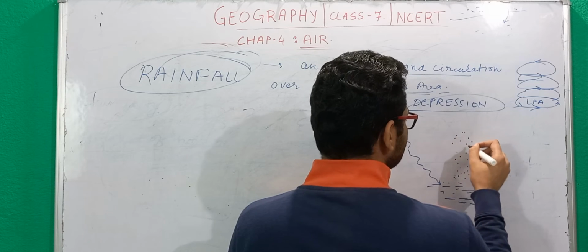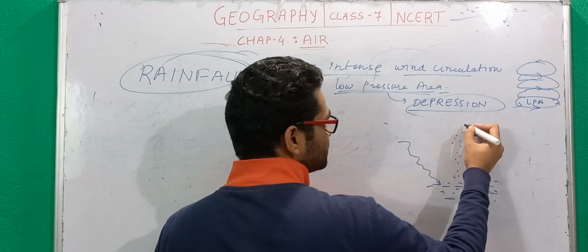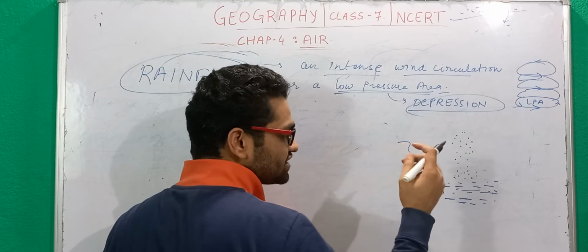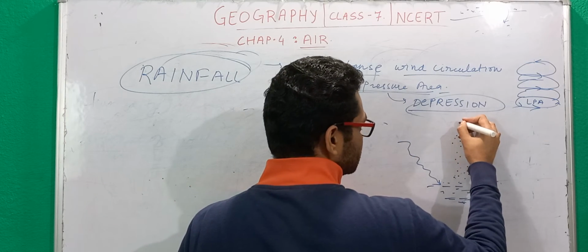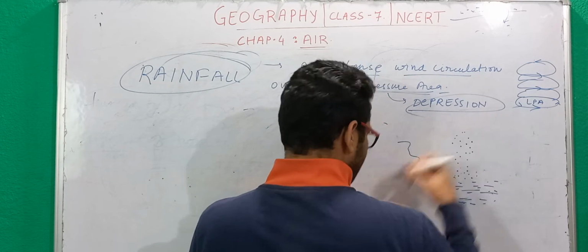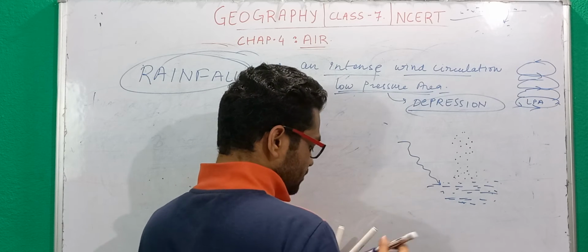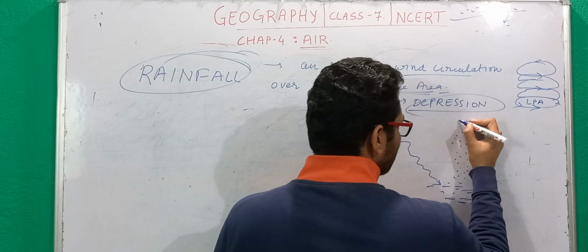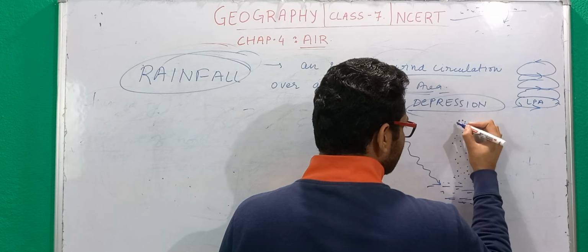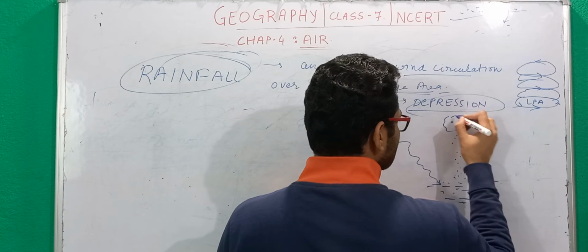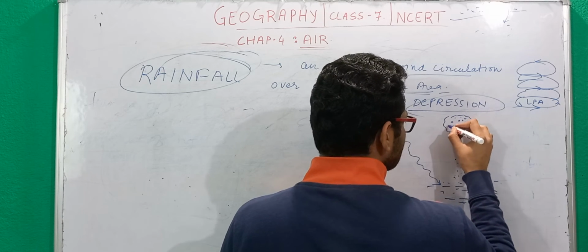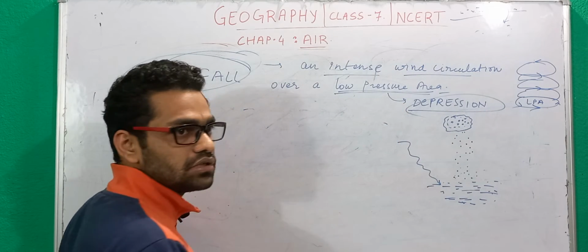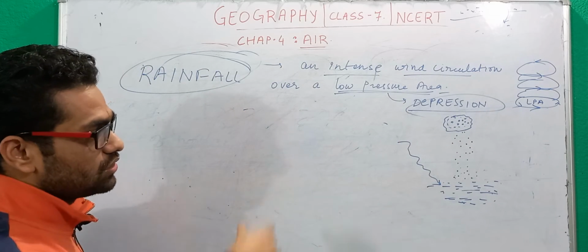As it rises, the temperature goes down, and the water vapor, which was in a gaseous state, will condense into water droplets and form cloud. So this condensation of water vapor into water droplets is called cloud.